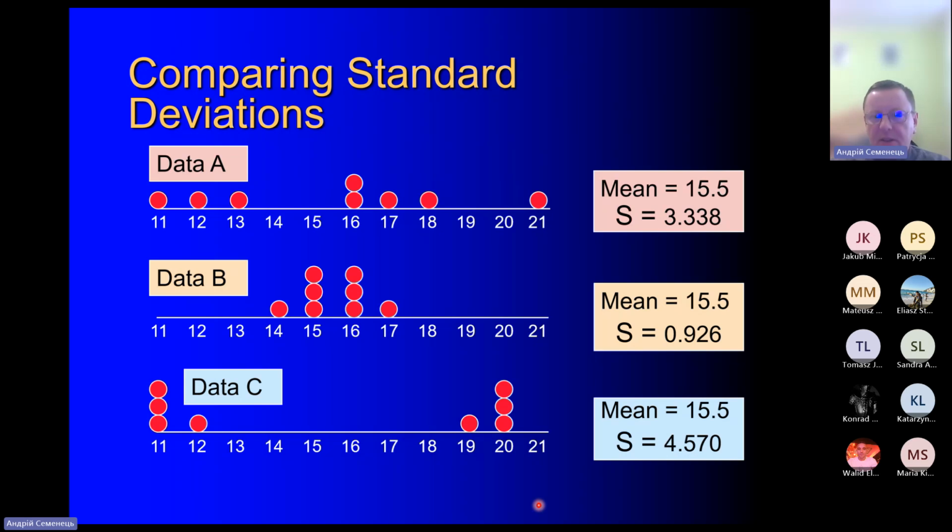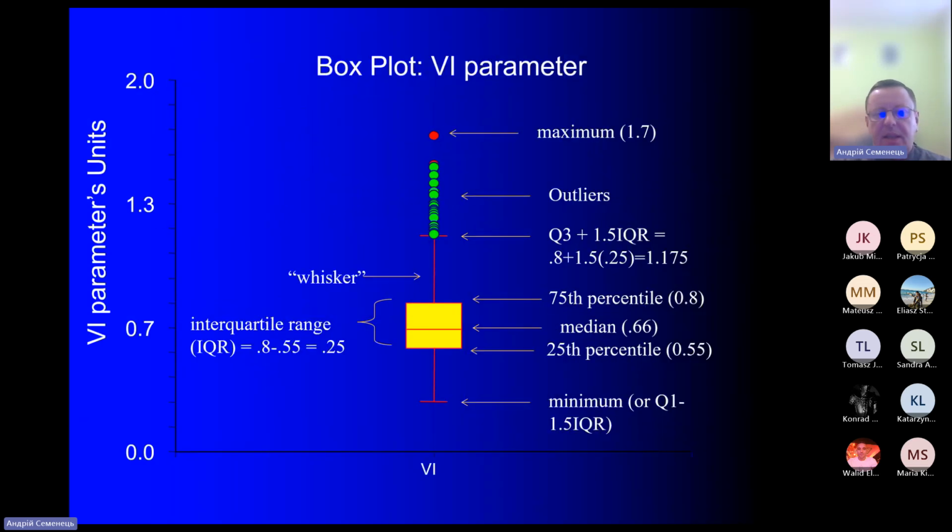And that's an example of a standard score: the mean plus or minus the standard deviation. In data set B, we have a relatively small standard deviation, so our data is concentrated around the center of our distribution. In cases A and C, our data is scattered more widely, so there is a greater standard deviation, a more significant deviation from our central tendency.